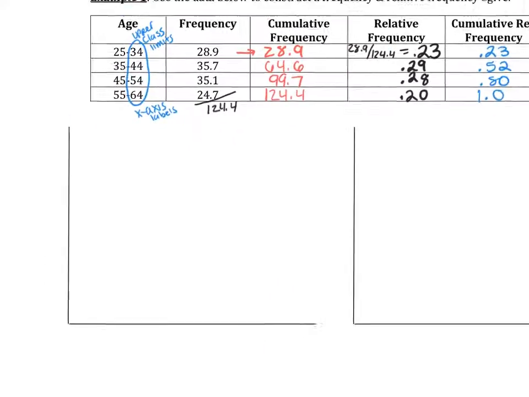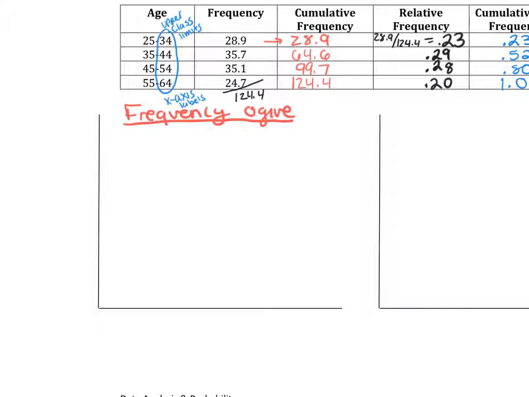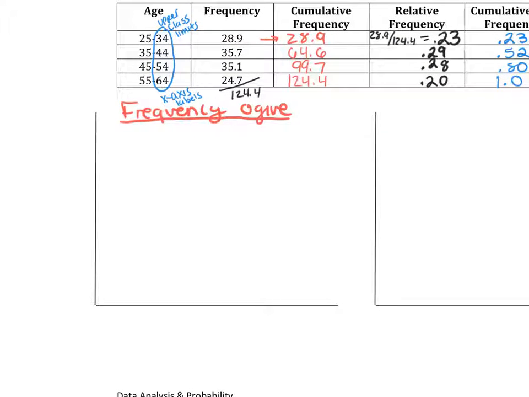Okay, so if we do for our first one a frequency ogive, our x-axis labels are going to be the upper class limits, so we would still label it as age because that's what our numbers are representing, but then we use our upper class limits, so 34, 44, 54, and 64.